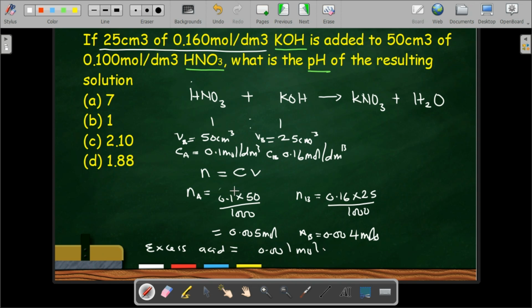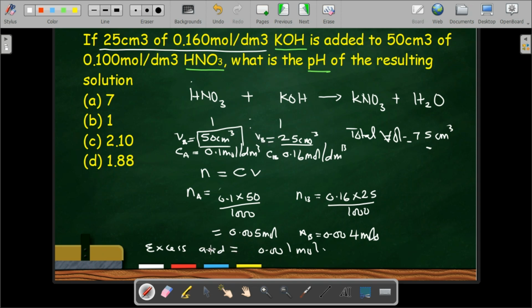The resulting solution after you mix 50 cm cube of the acid and 25 cm cube of the base has a total volume that is the addition of the two, which gives us a total volume of 75 cm cube.